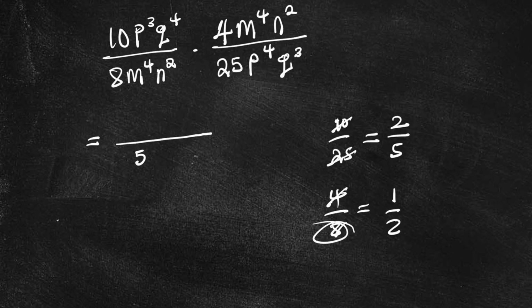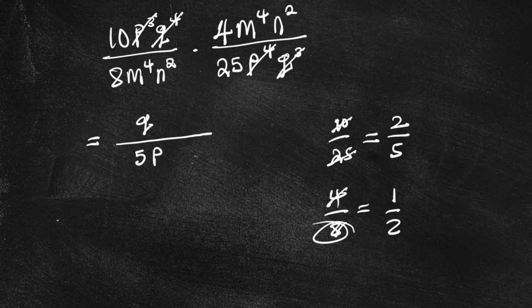The next thing is the p. I have p to the power 3 in the numerator. In the denominator, I have p to the power 4. So 4 minus 3 is 1, so I just remain with p in the denominator. I go to q to the power 4. In the denominator, I have q to the power 3. So in the numerator, 4 minus 3 is 1, so I remain with q.